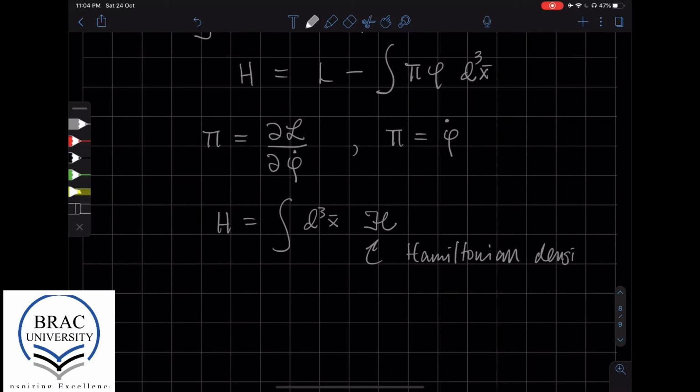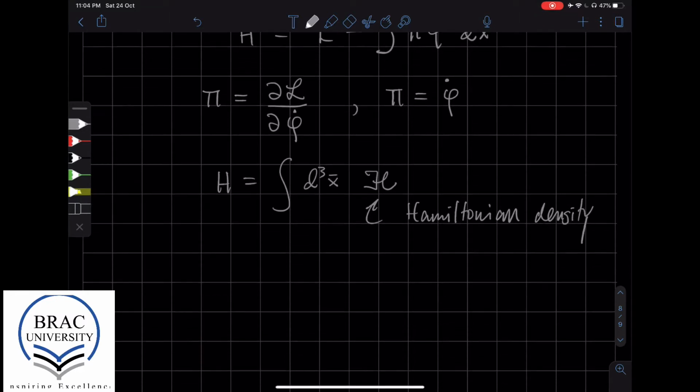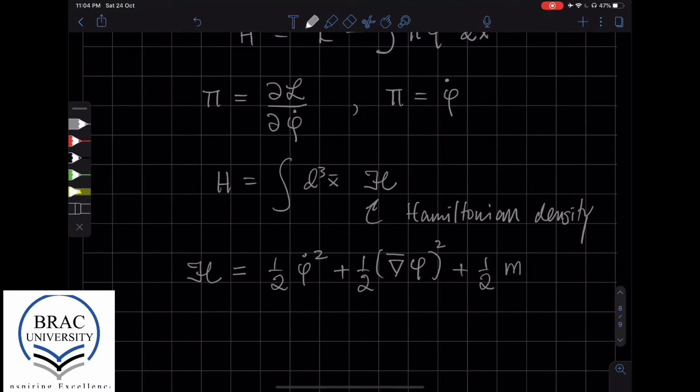So we find that the Hamiltonian density just becomes, well, there is the kinetic energy density term, and then there are going to be two potential energy type terms. One would be the spatial variation squared, the energy contained in the spatial variation of the field, and another potential energy term, which is proportional to the mass squared term.